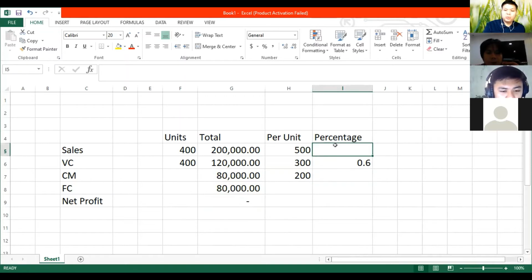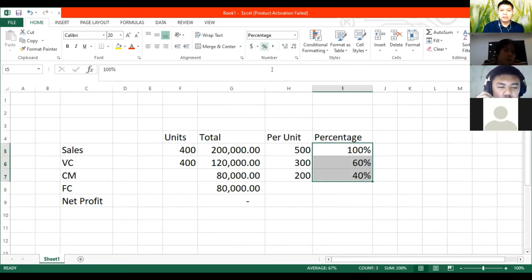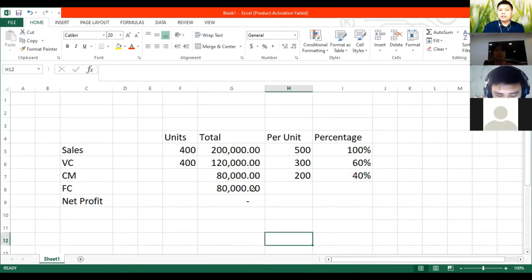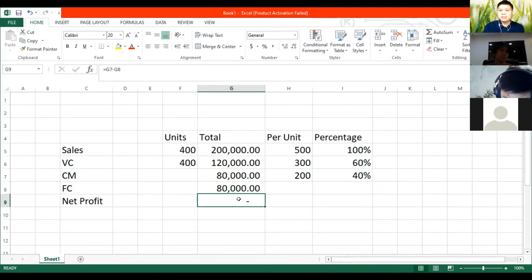Okay, and if this is 1, so there are two ways of getting this. 1 minus 0.6, that's 0.40, or simply 200 divided by 500, that will be 40%. Did you get this? Ayan. And you know that at 400 units, sales quantity, you are at your break even because this is 0. When are you at break even? The number here is 0.